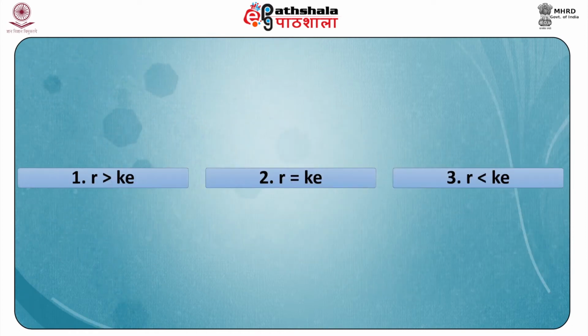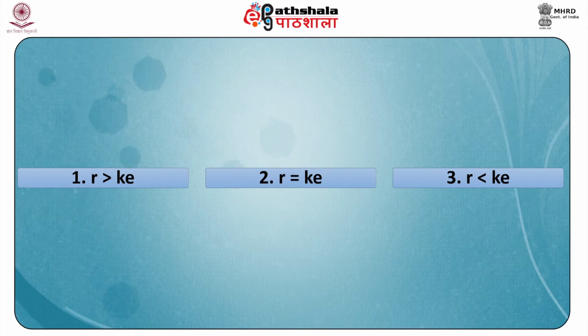Thus, the model studied the relevance of the dividend policy under three situations. First, when the return of a firm is more than the return expected by the investors, that is, R is greater than KE. Here, R is the rate of return of the firm and KE is the equity capitalization rate, the rate that the equity shareholders are expecting.